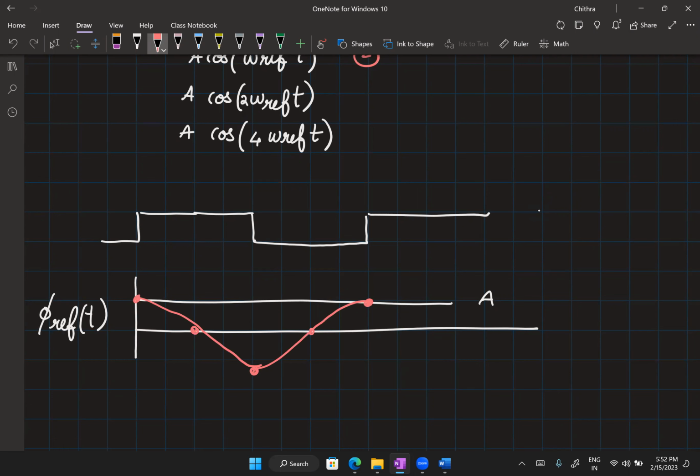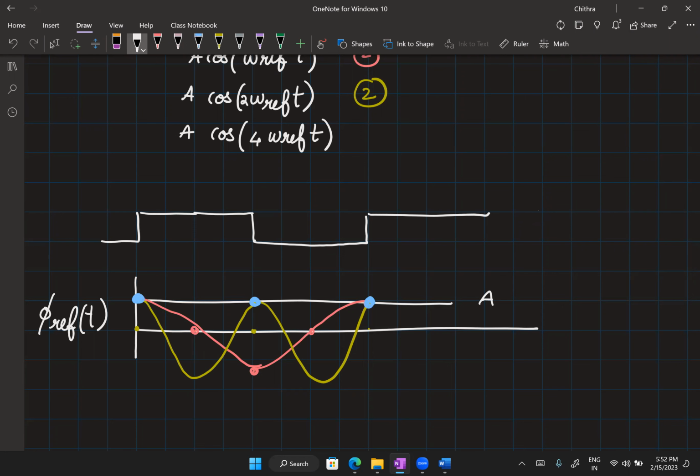And then 2 omega ref of t. So what would be the value corresponding to these points? So it will start like this, right? And 4 omega ref of t will be, you'll have 4 times the waveform within this period. So I'll plot it only for points that are relevant to us. So at these points, right?